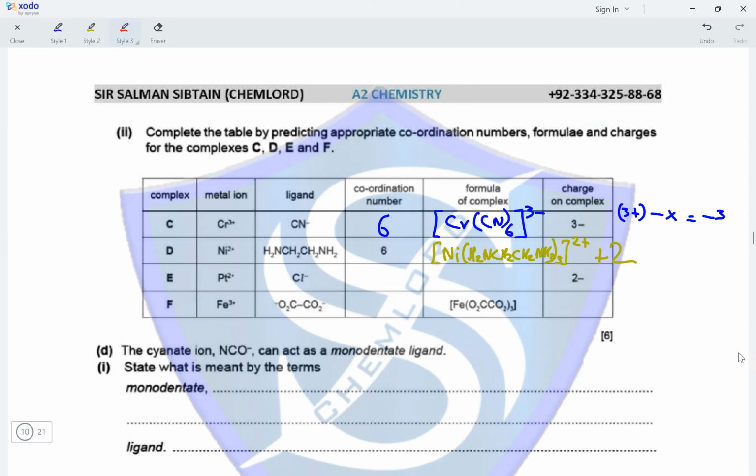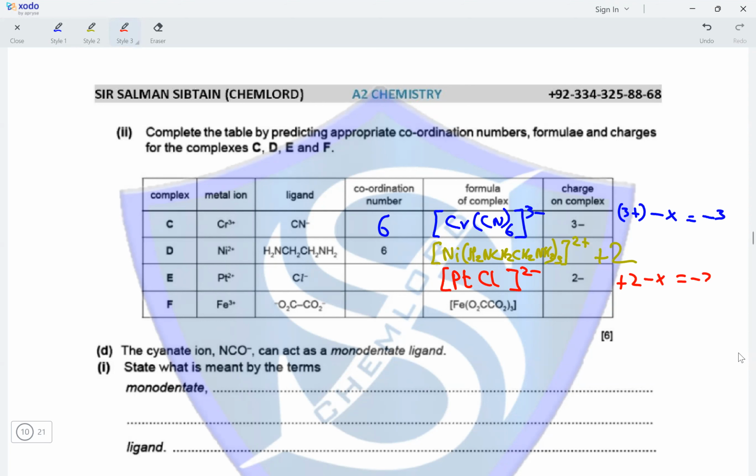Next, in complex E, we've got platinum 2 positive as the central transition metal ion and the monodentate ligand chloride ions, and an overall charge of 2 minus. So in order to make the formula of the complex, we've got Pt, we've got Cl, and we've got 2 negative charge. We are aware that plus 2 is the charge on the platinum ion, minus x is a charge on the number of chloride ions present.